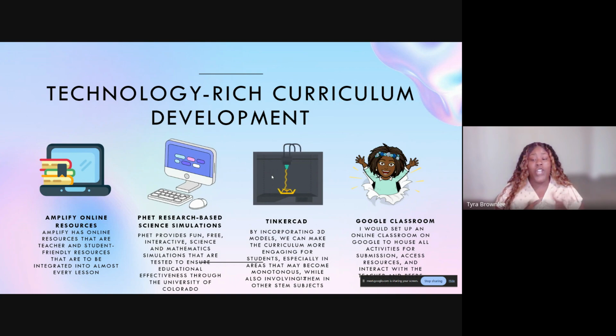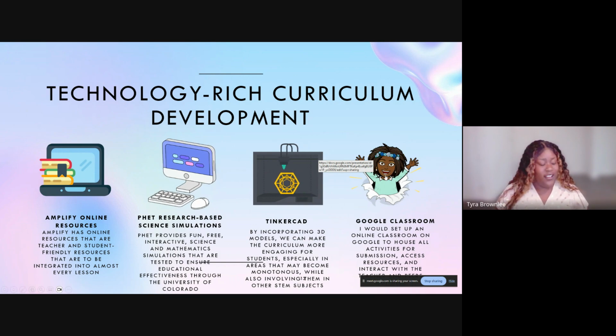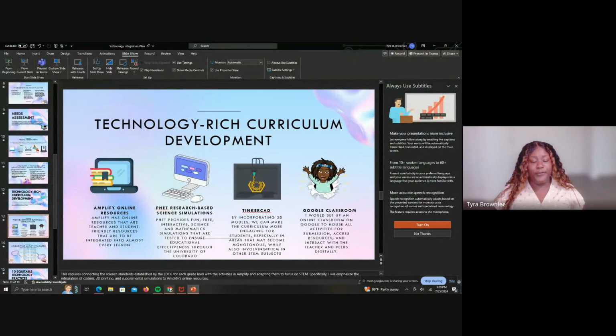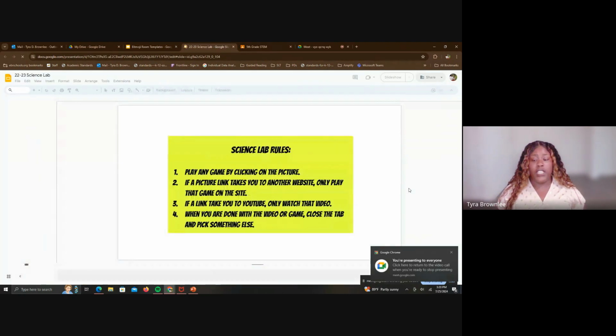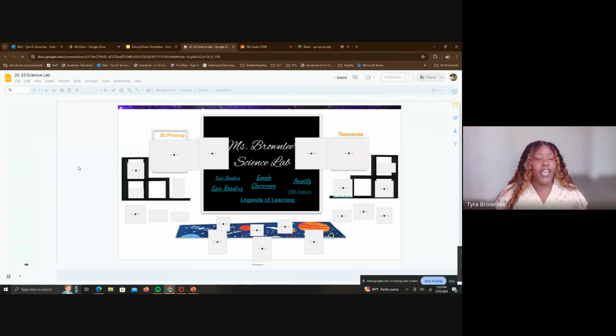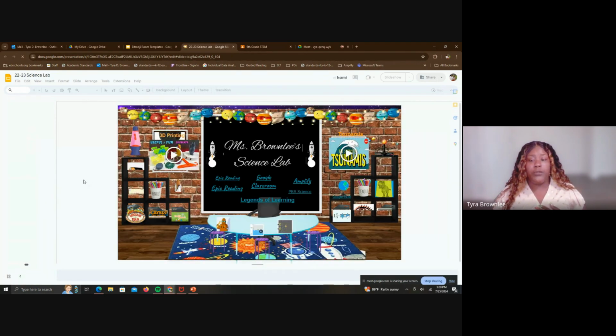To house all of these online resources, I use Google Classroom, and here you see me as a little Bitmoji. Here I have linked in a Bitmoji Classroom. This is what I would use in order to put resources for the kids to interact with and for me to also interact with the kids in a digital way.